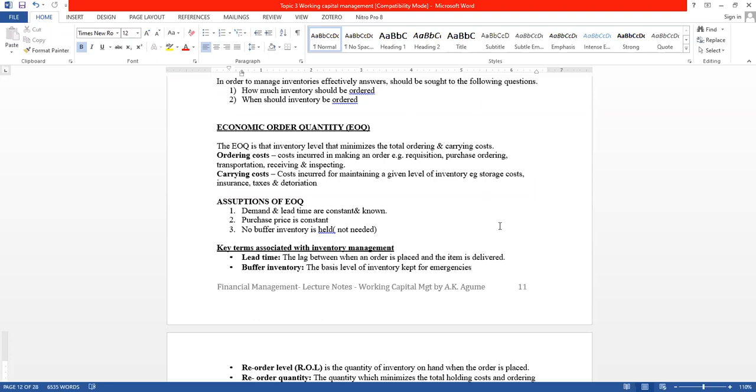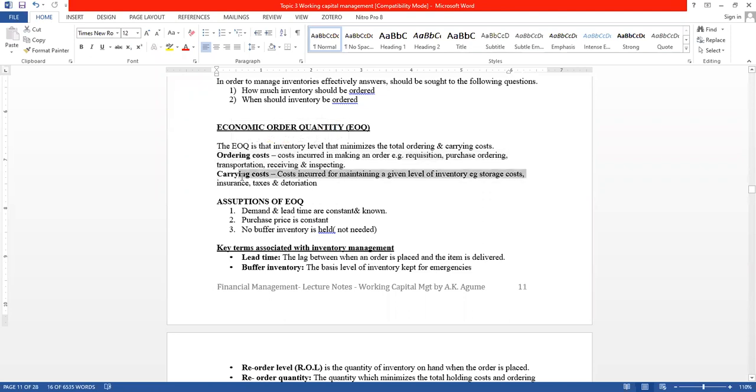When we talk of ordering costs, those are the costs that you incur when you place an order. They could be requisition costs, purchase ordering, transportation, receiving, and inspection costs. So all those are ordering costs, costs that you incur when an order is placed.